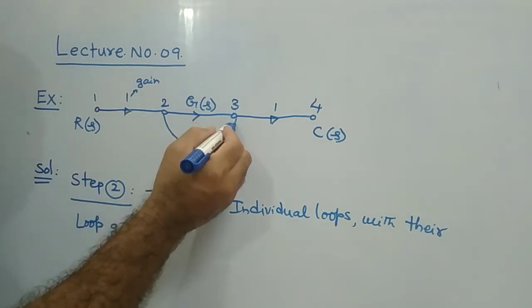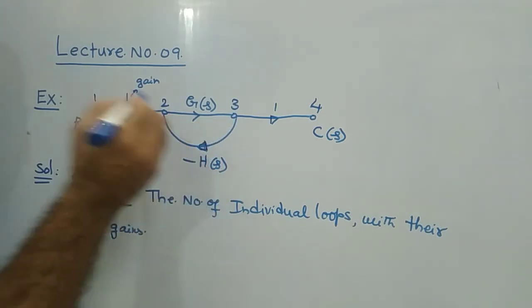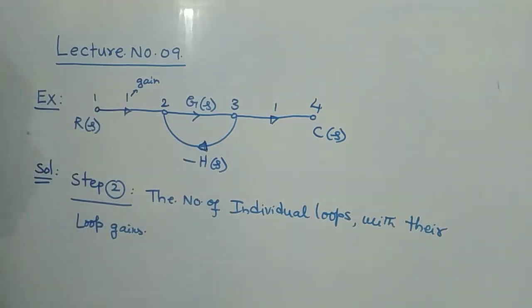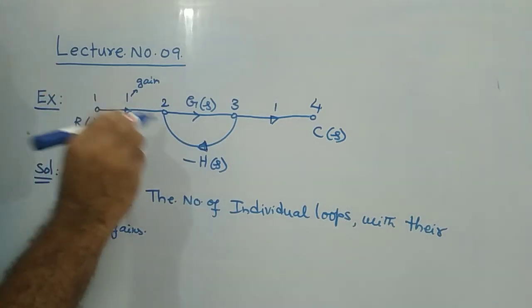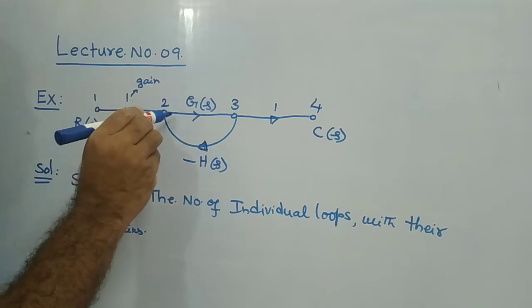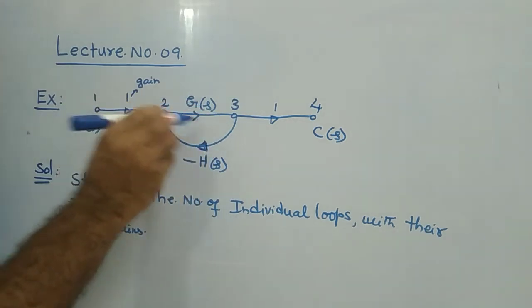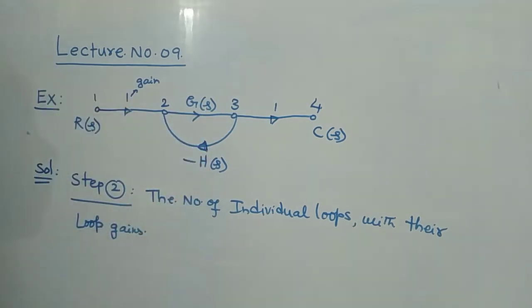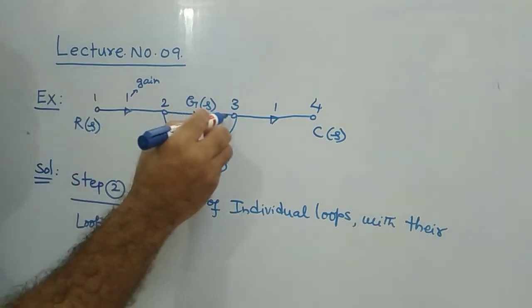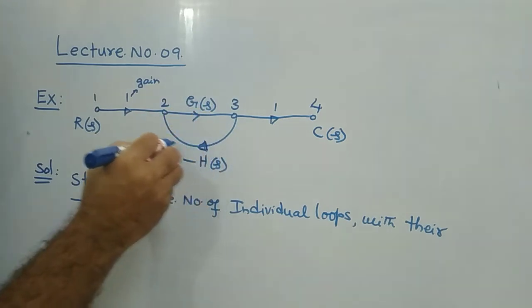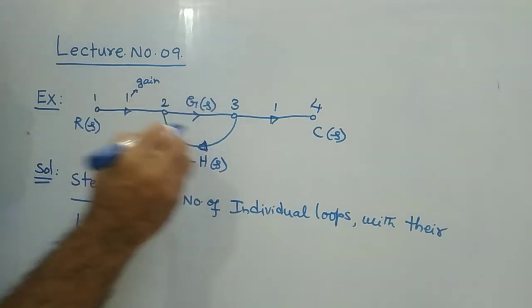From 3, it comes backward, reaching node 2. Means the signal should start from a particular node and again reach the same node. If so, then it is said to be a loop.